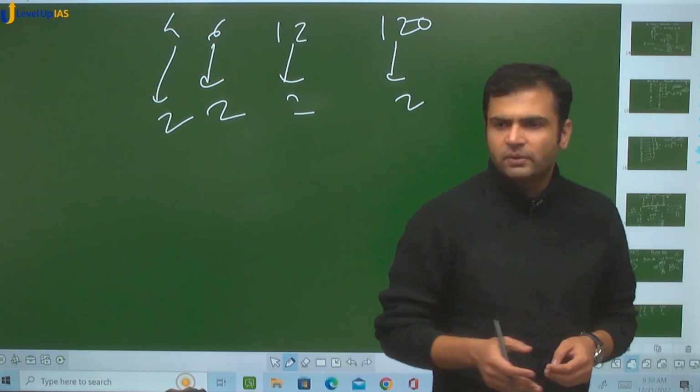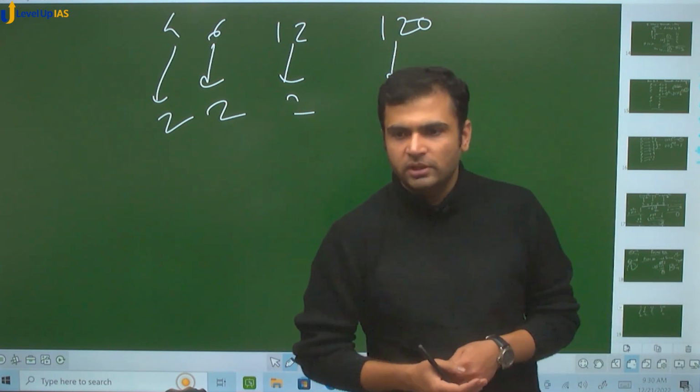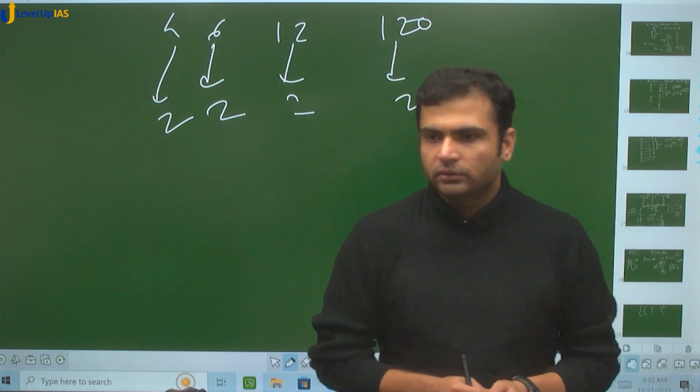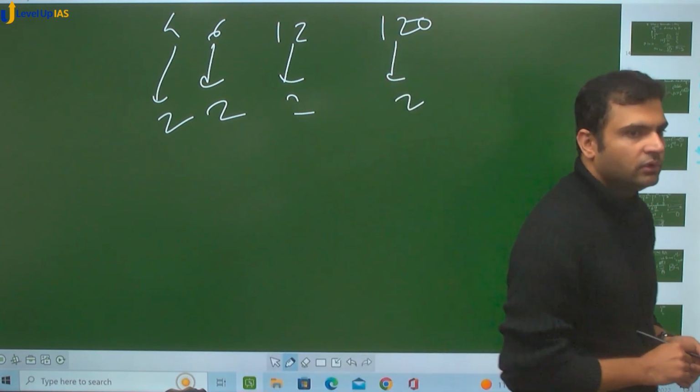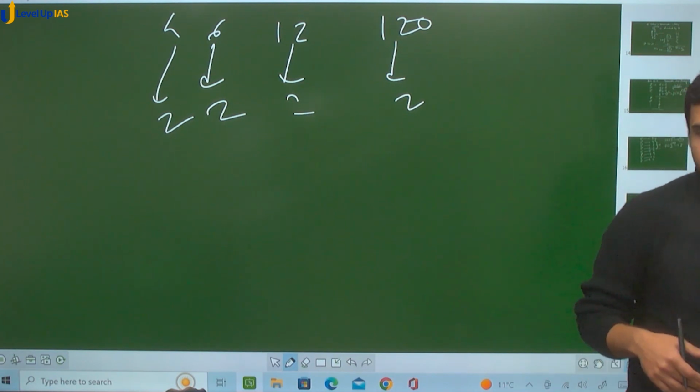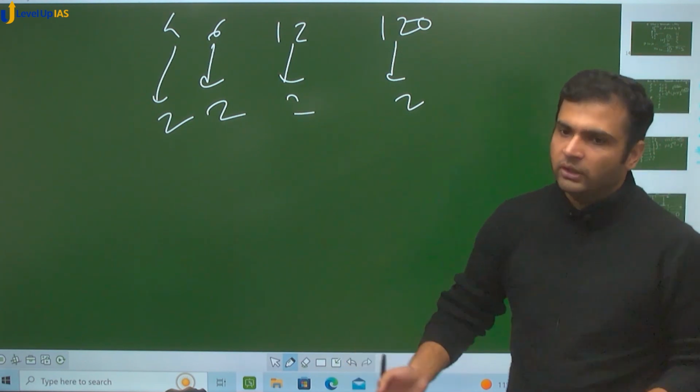Can 50, 70, 80, 90, etc. be prime numbers? Never. Okay. So basically, whatever prime numbers we are having, multiples of those cannot be prime.